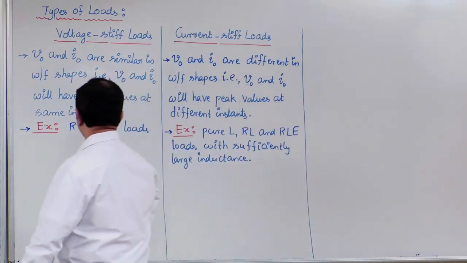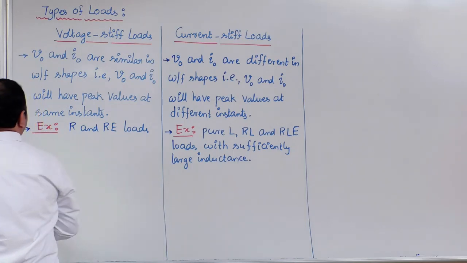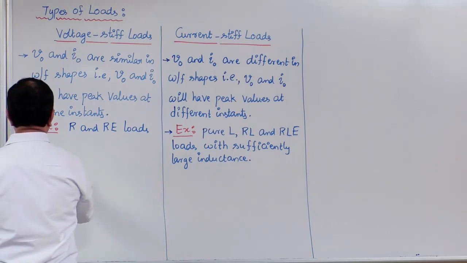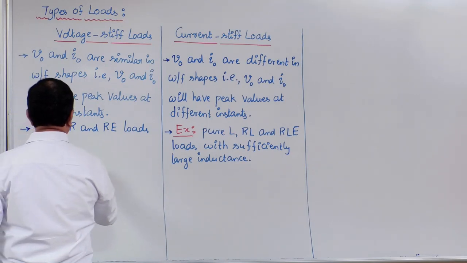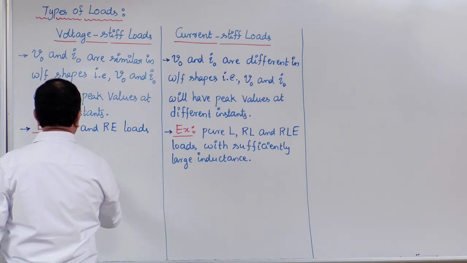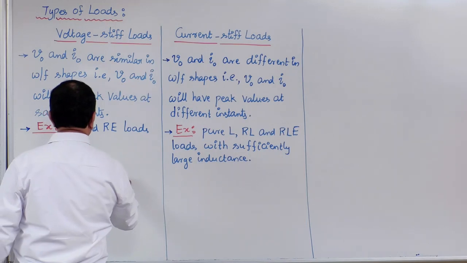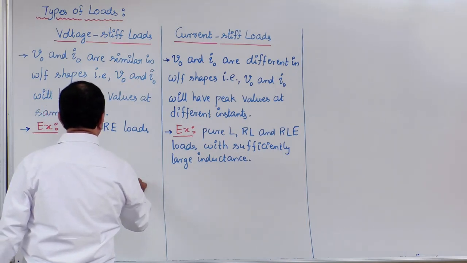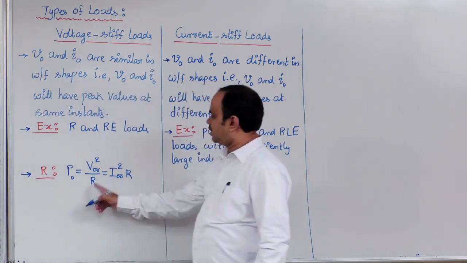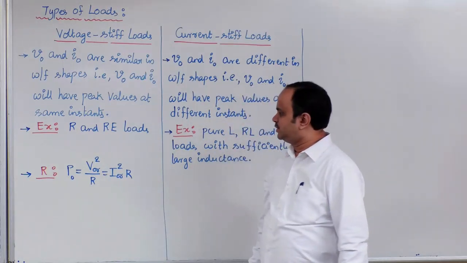Now, for example, when you are dealing with a resistive load, output power should be calculated with RMS voltage or RMS current.